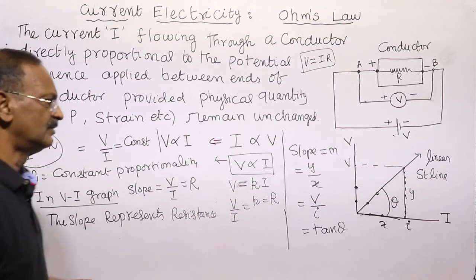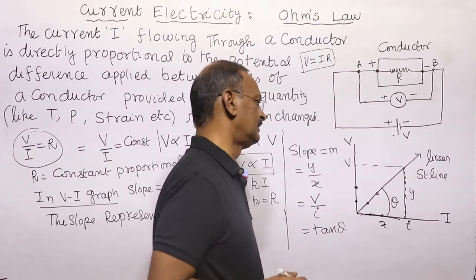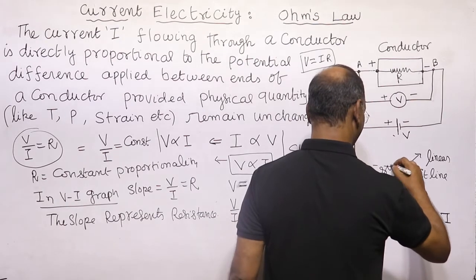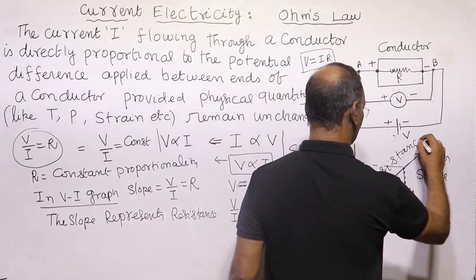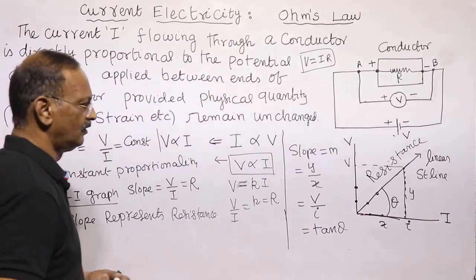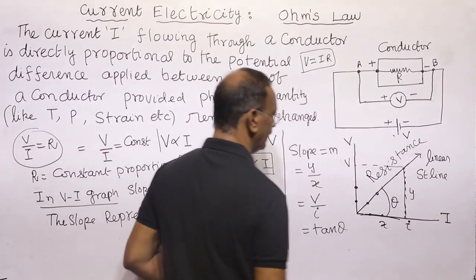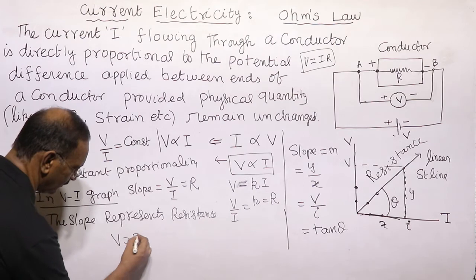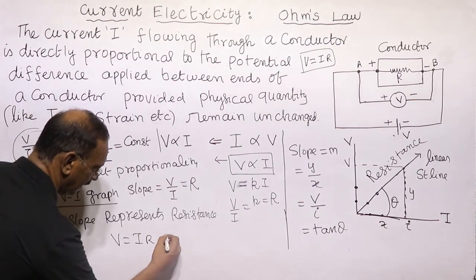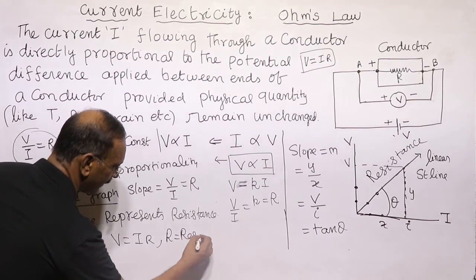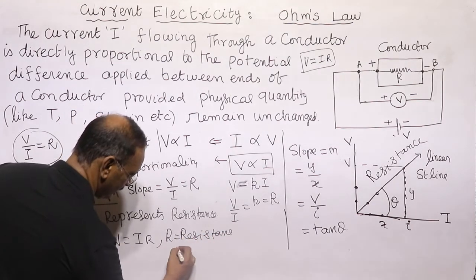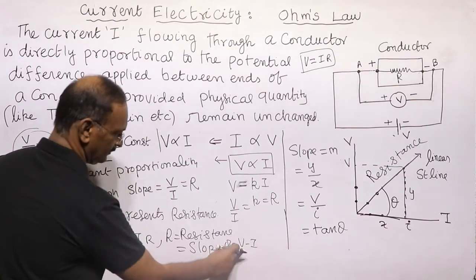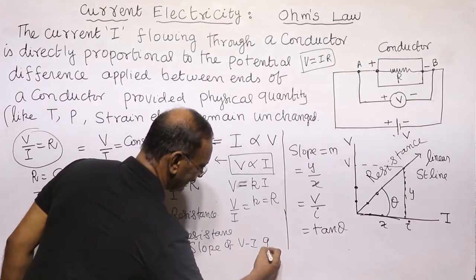In competitions, some questions come at JEE Main level as well as NEET level. As we derived in 10th class, V is equal to I into R, and R is equal to the slope of the voltage versus current graph.